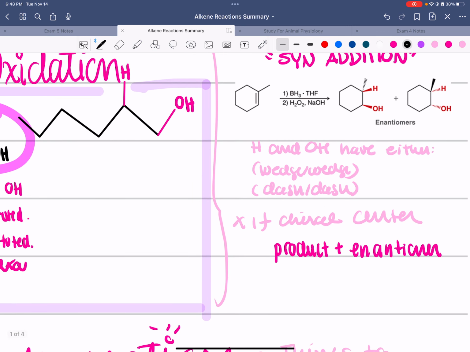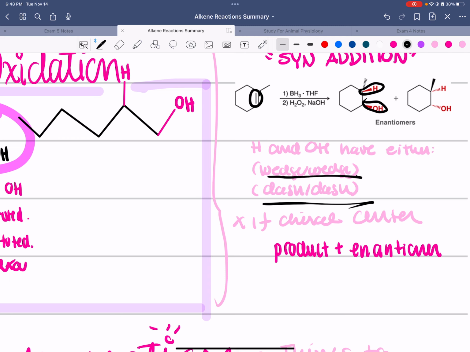you can see here, for example, we're breaking that double bond and adding hydrogen and OH, like we mentioned. So that hydrogen and OH are going to be added, and they both have to be either wedge or dash. There's no way that we're going to add a hydrogen with a wedge and an OH with a dash.